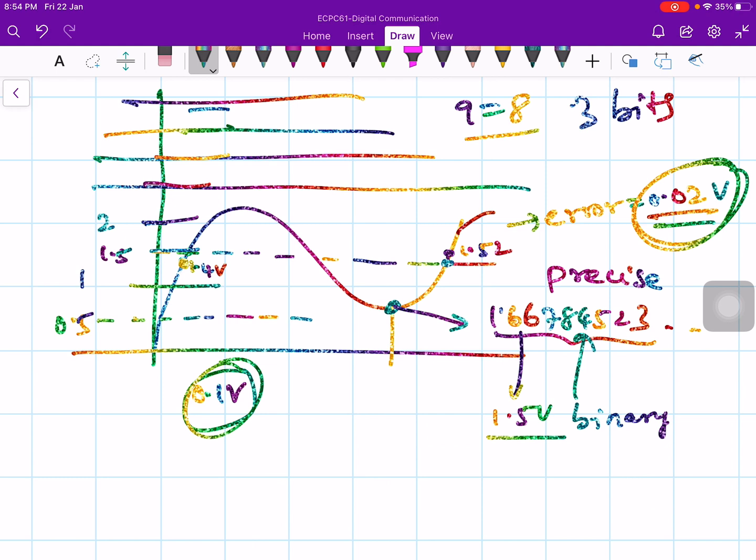Therefore, you are actually introducing certain error in this representation directly at the transmitter itself, in the process of quantization and encoding. This may sound like an undesirable thing to do compared to using the precise amplitude value. But the advantage is that, in spite of this error we introduced, it is a controlled amount of error.